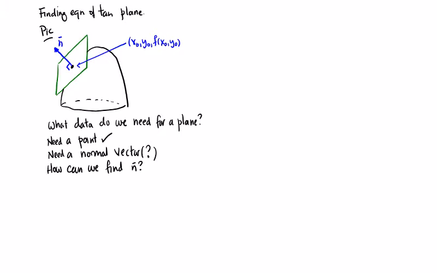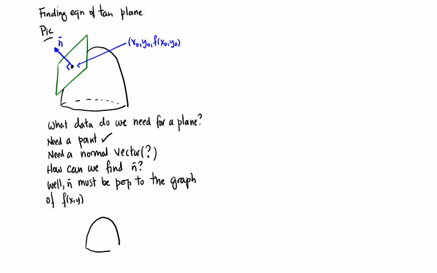So here's the deal. n needs to be perpendicular to the graph of f of xy. Right, like in the smaller picture, the normal vector that we're looking at needs to be perpendicular like this. So that might ring a bell because that might remind you of what we did in the last section.